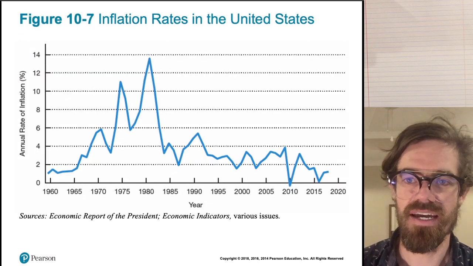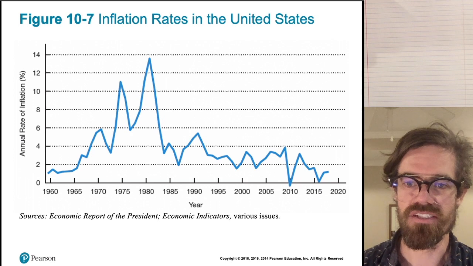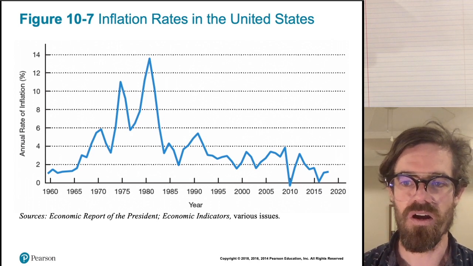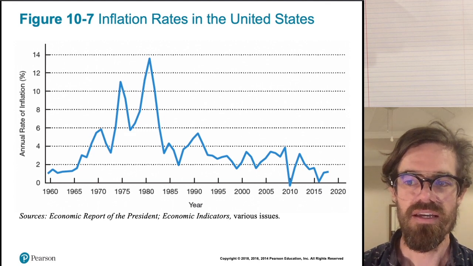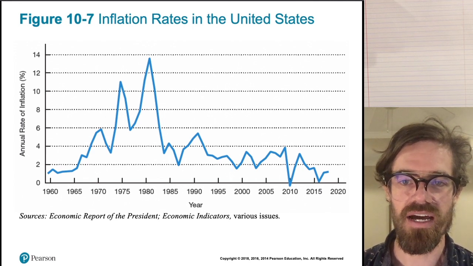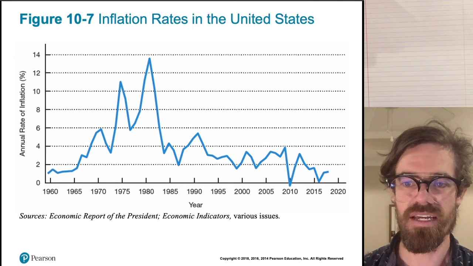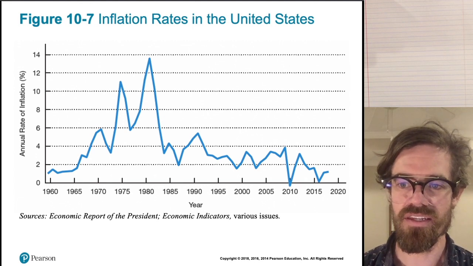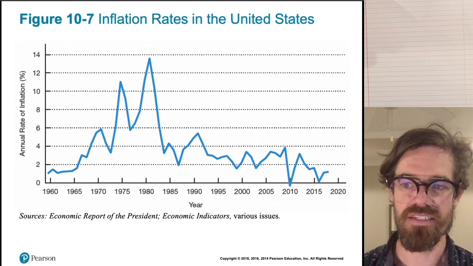Okay, let's take a look at inflation rates in the United States going all the way back to 1960. So as I mentioned, our economy, for the most part, almost always experiences some inflation. It's usually around 2%, but it has been higher in certain decades. So in the 70s and going into the early 80s, it was up above 4%, which is pretty high historically for the United States.